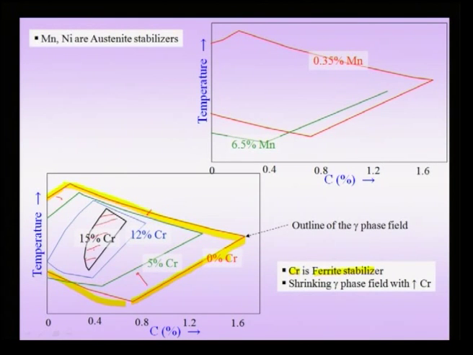On the other hand, suppose I add an austenite stabilizer like manganese or nickel, which are both FCC structures, then the austenite phase field actually expands. So, these are some of the things you would like to note when you are adding an alloying element: what is its crystal structure, and what role does it play in stabilizing or decreasing the various phase fields as compared to the original iron carbon diagram.